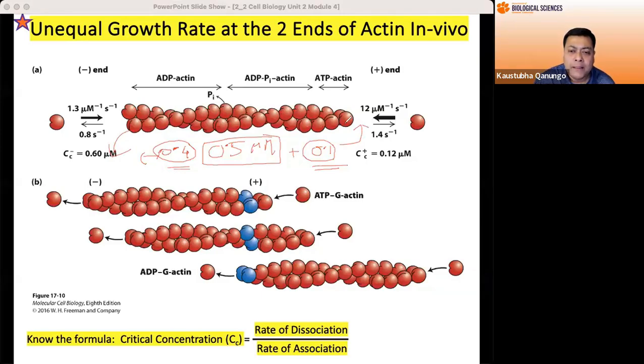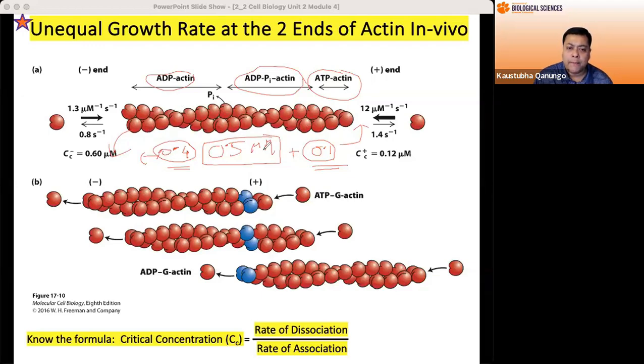Because remember that here, it is ATP actin. When they are treadmilling, the ATPs are hydrolyzed to ADP. So even at this critical concentration, the ADP actins have less affinity and they will gradually dissociate.